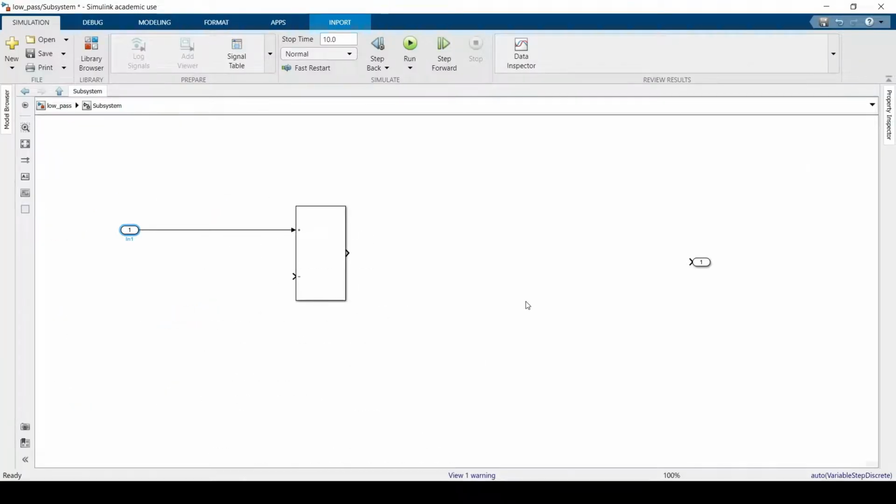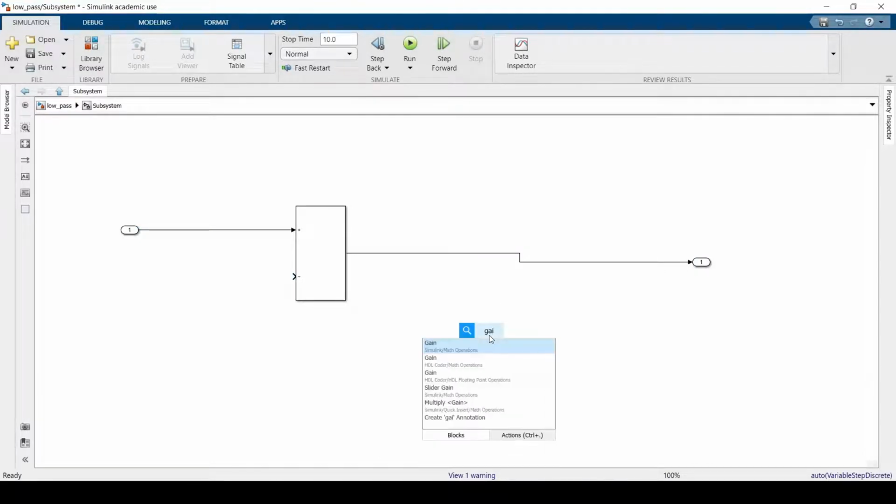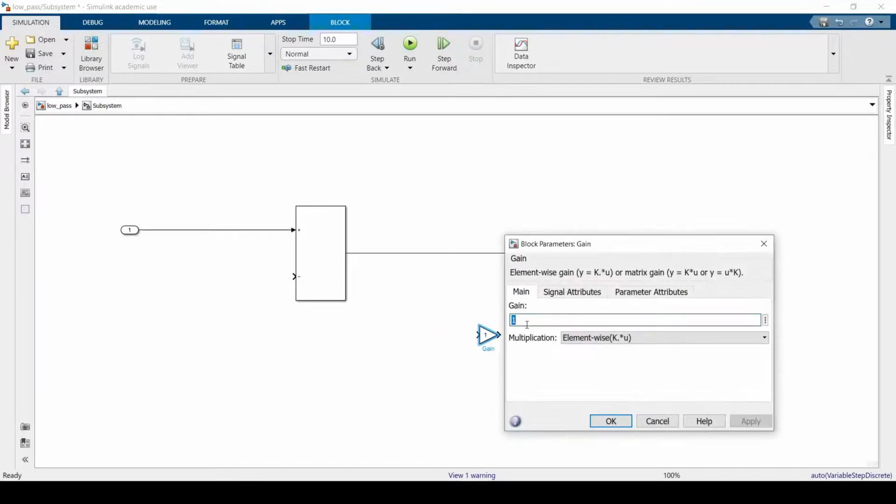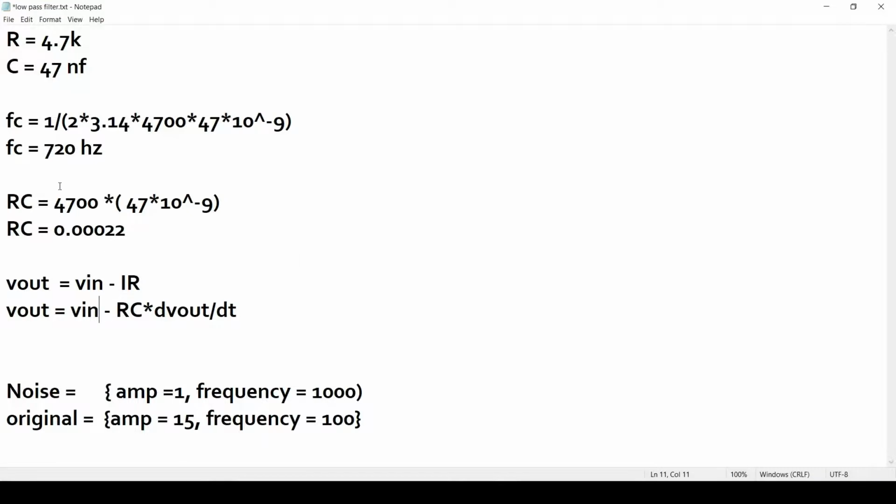So RC is the gain, and the output is taken here, so let's take a gain here. So what is our gain value? It's 0.00022. I am copying this.